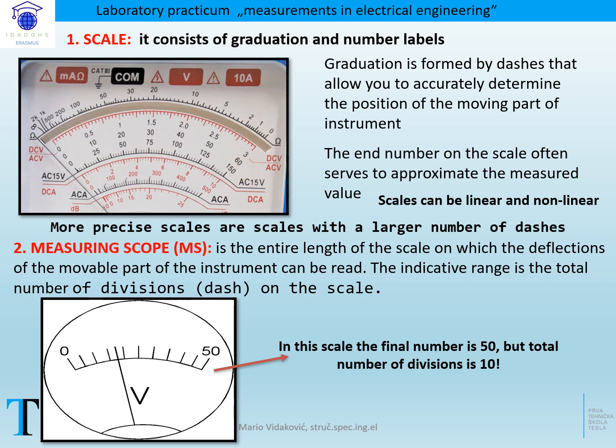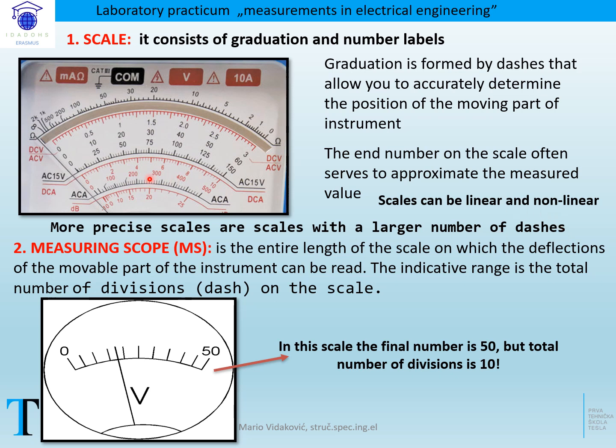First is the scale. It consists of the graduation and the number labels. Graduation is formed by dashes that allow you to accurately determine the position of the moving part of the instrument, as we see in the picture. The end number on the scale often serves to approximate the measured value. Scales can be linear or non-linear.